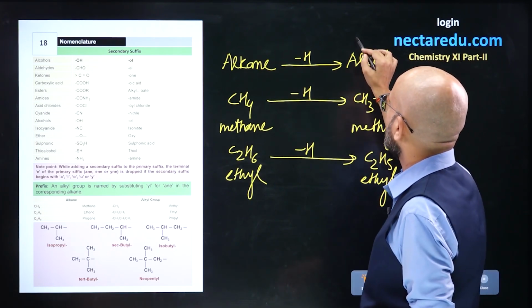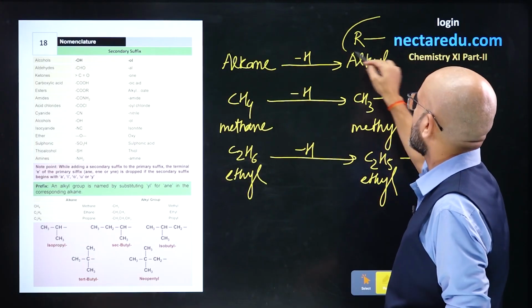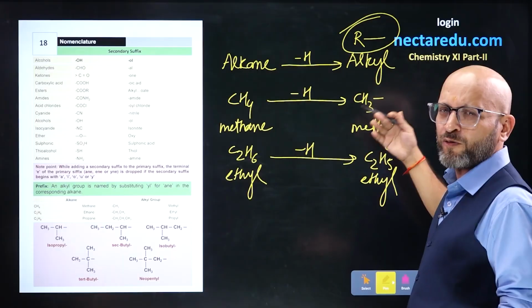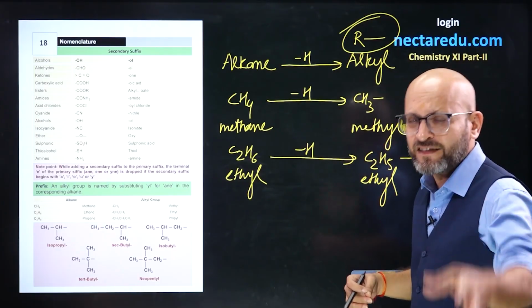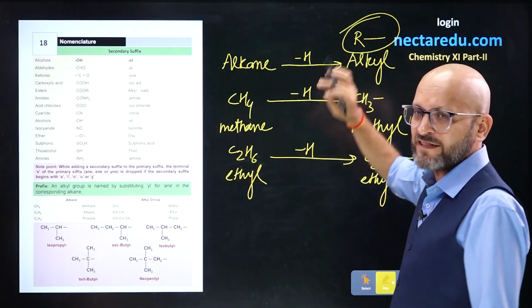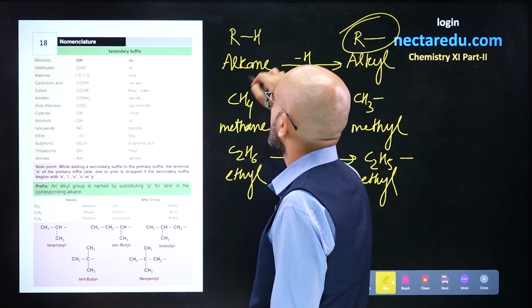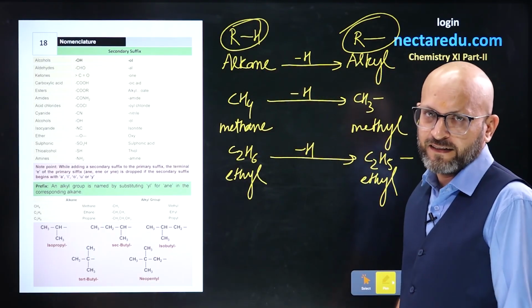Alkyls are usually taken as R with one bond free. So R can be methyl, ethyl, propyl, butyl, hexyl, cyclohexyl, cyclopentyl, anything. So alkane will be RH, and R is alkyl.